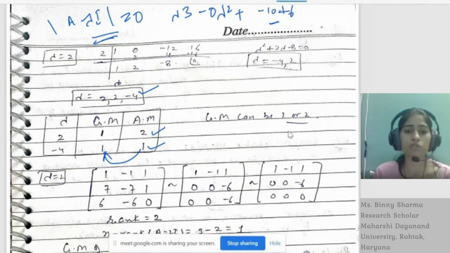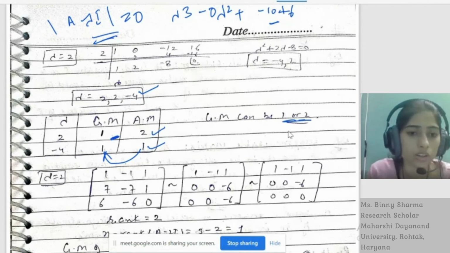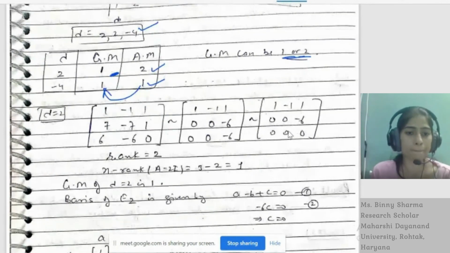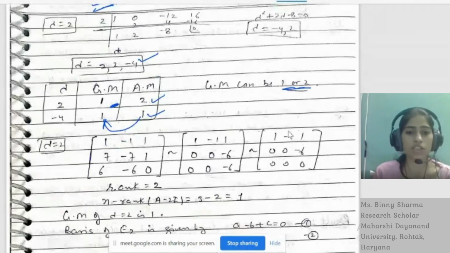But here is the confusion: whether GM of eigenvalue 2 is 1 or 2. So we need further investigation to find the geometric multiplicity of eigenvalue 2. So we take lambda equals 2 and we solve the homogeneous system.